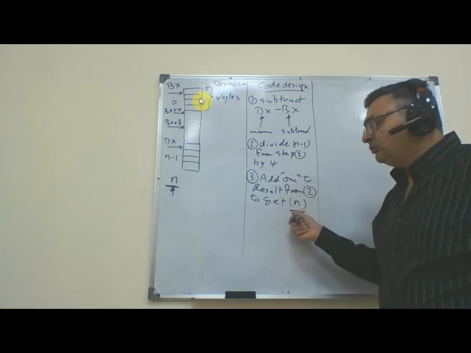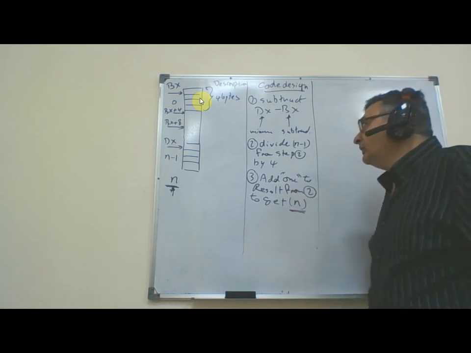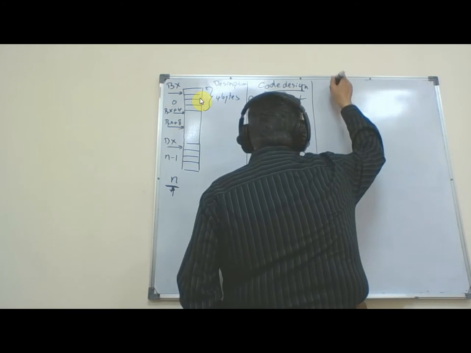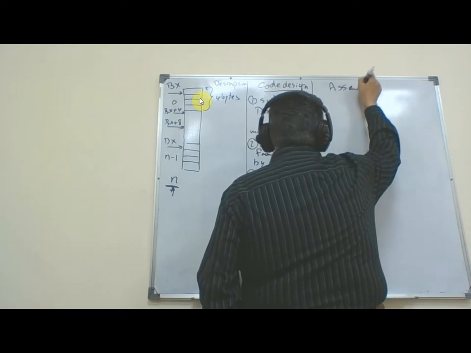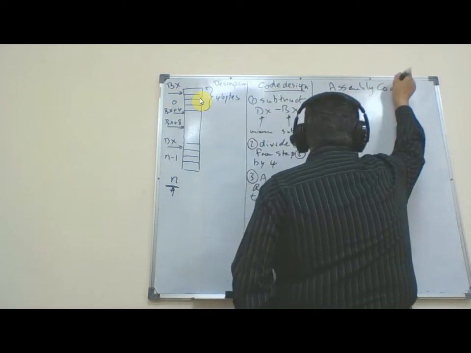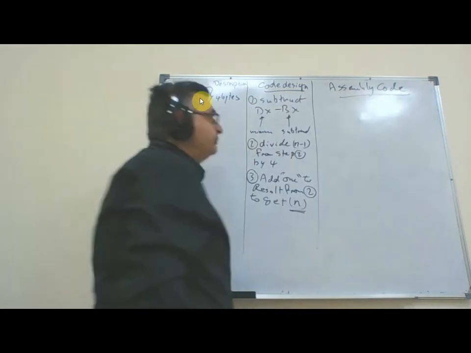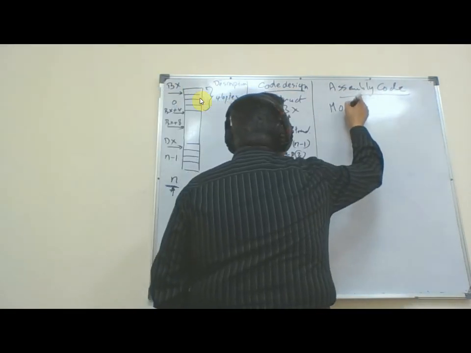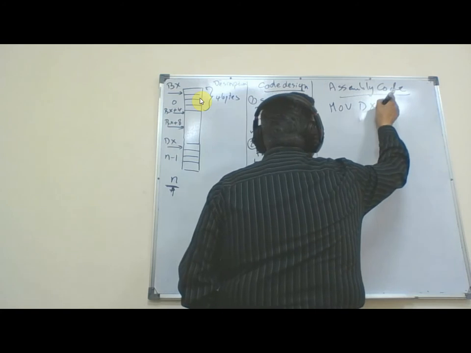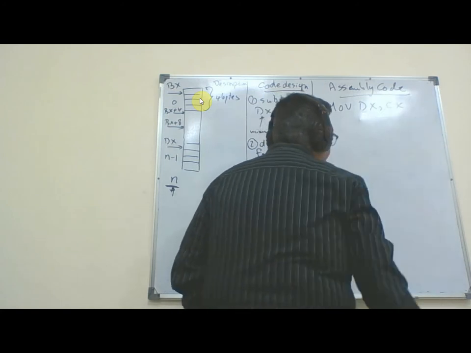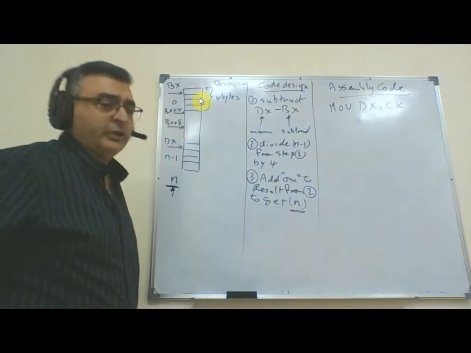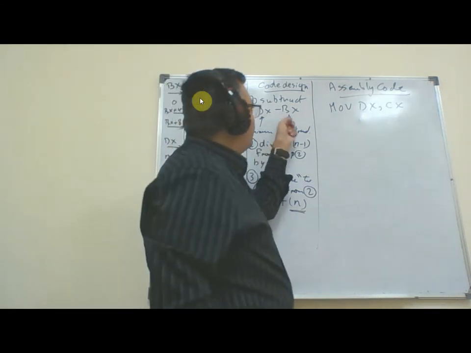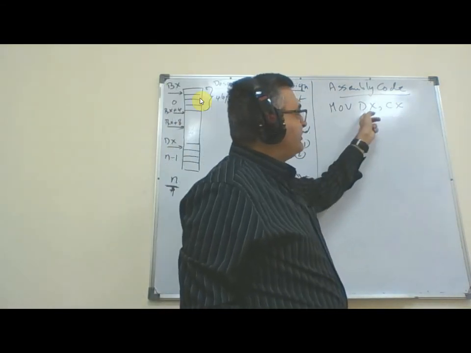Then the last operation is to add 1 to the content, so I will get the answer. Okay? So this is the assembly code. First, I will move dx to cx, in order to perform the operation through cx instead of dx.